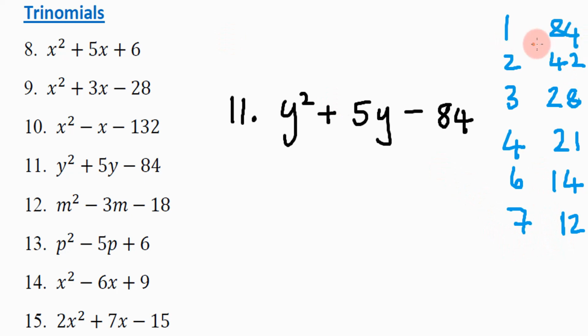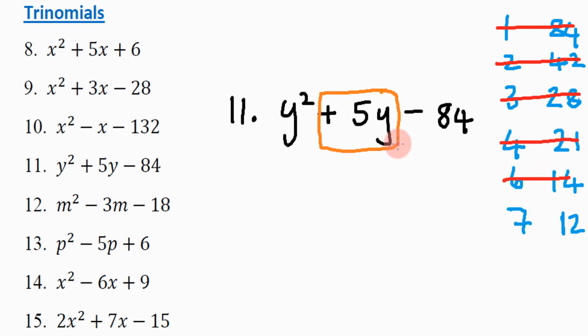We look at each set of factors. We need to find the set of factors that when we add or subtract them, we get a middle term of positive 5 here, or positive 5y. So we need a plus 5. 1 and 84 can never give us plus 5, whether we add or subtract, and neither can any of these factors.